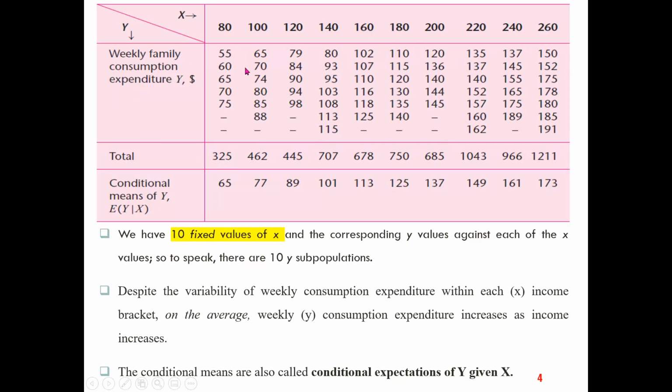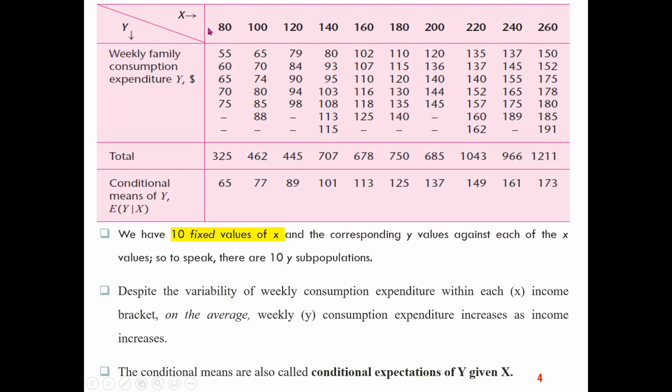Let's say these are the 60 families written inside the main body of the table. This Y, which is our dependent variable, is consumption expenditure, whereas X is their income level. These bold figures 80, 100, 120, and so on are different income values.